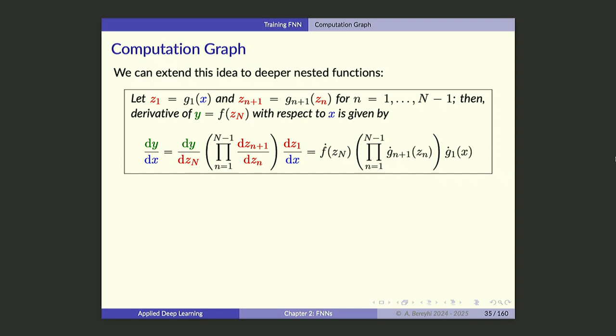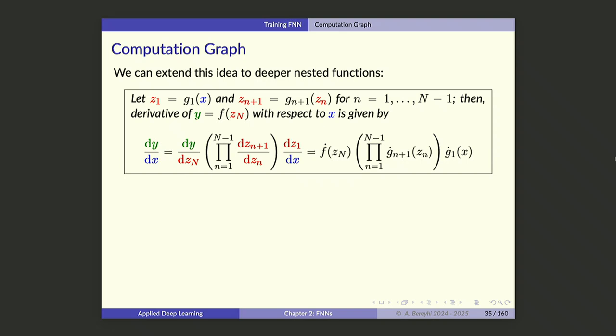So how can I do it? How do I write it down? So I do know how to compute dy with respect to dzn, right? I can't take the derivative with respect to x directly because y is not an immediate function of x, right? So I can compute dy to dzn. And what should I write next? dzn to dx. Great. Now, again, zn is not an immediate function of x, but it is a function gn of zn minus 1, right?